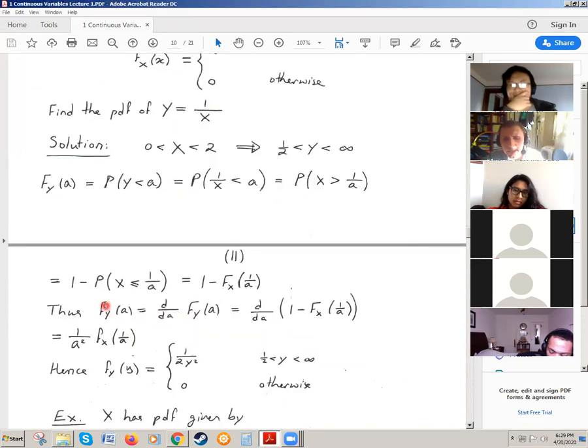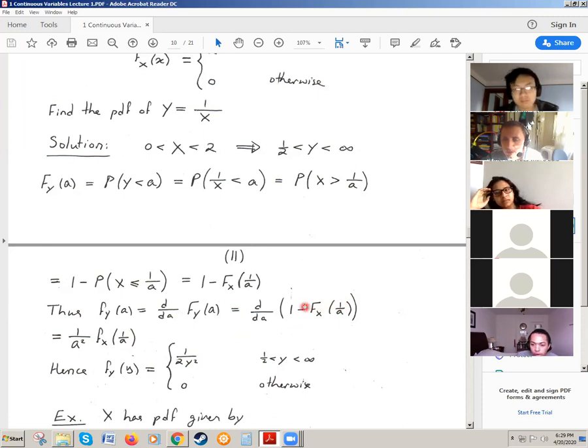And so I take the derivative of the cumulative distribution of y to get the density at y. And that will be just the derivative of this expression, which ends up being 1 over A squared times f of 1 over A. Why is that? Because look at it, there is a minus. And when I take the derivative of the inside, I'll get minus 1 over A squared.